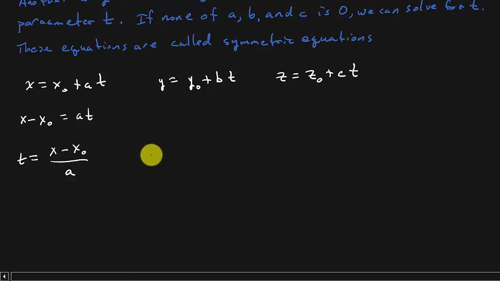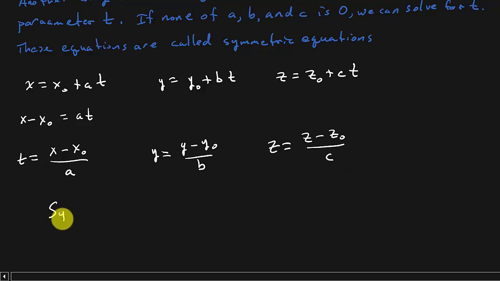And similarly, t equals (y minus y0) over b, and t equals (z minus z0) over c. We solve for each one.